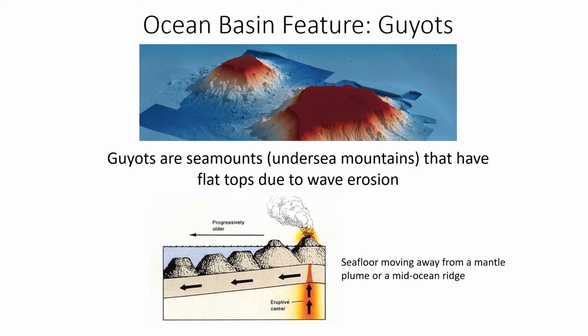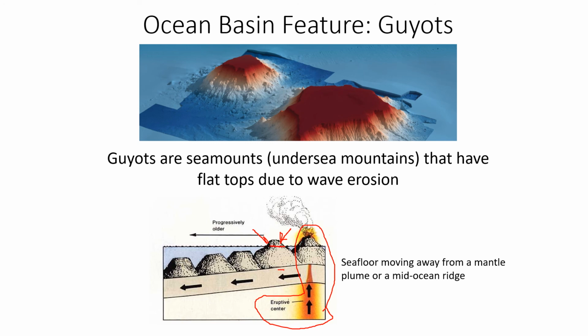And then as the island itself moved off of the magma source, either away from a mantle plume perhaps, or away from a divergent boundary, wave erosion essentially beveled the island flat at about sea level.